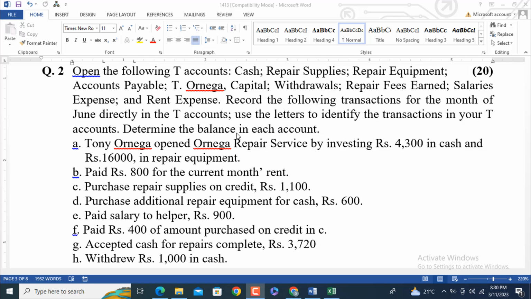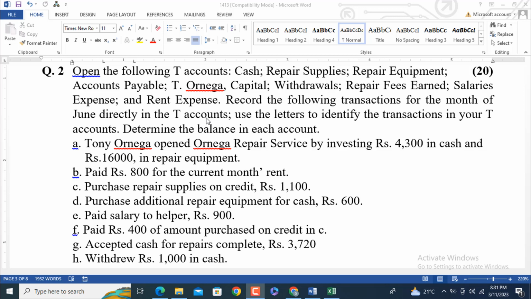Determine the balance in each account. The number of accounts and their titles have already been given in the question. You just have to understand and analyze these transactions, and then post them into their respective T accounts. After that, you are going to find out the balance status, either debit balance or credit balance.